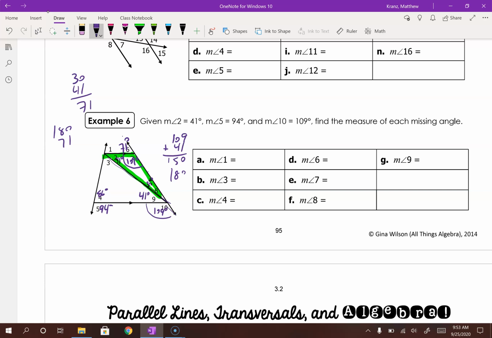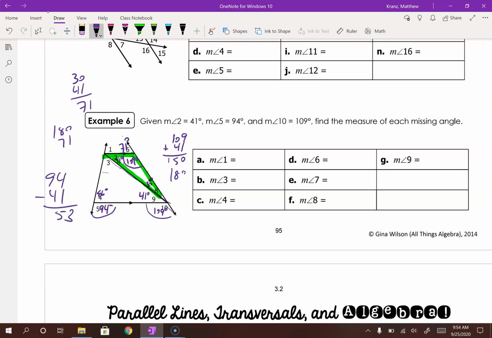And I can see that, what else do we got going on? I know that this angle here, 2 and 3, has to be 94 because it is a corresponding angle to this one. So I have 41, so 94 minus 41, right?